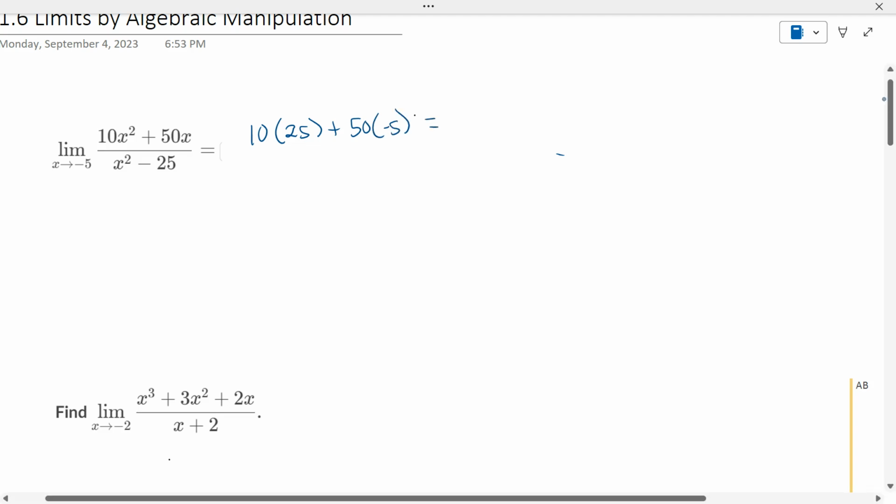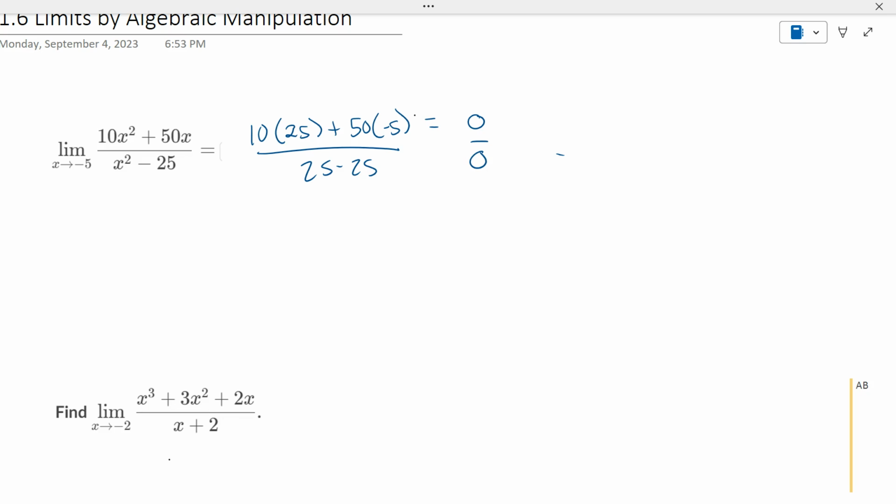This is 250. This is -250. So I get 0 over 0. Now, if you say, well, we have 0 on the bottom, so the limit does not exist, well, that would happen in make-believe and fairy tale land.